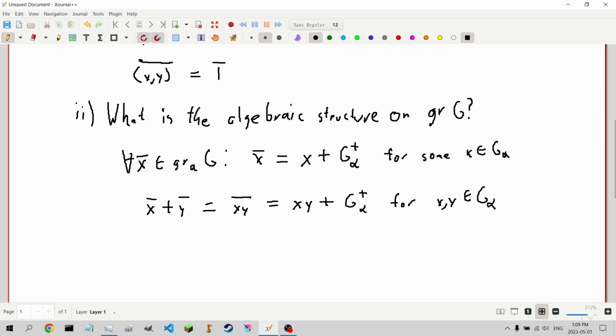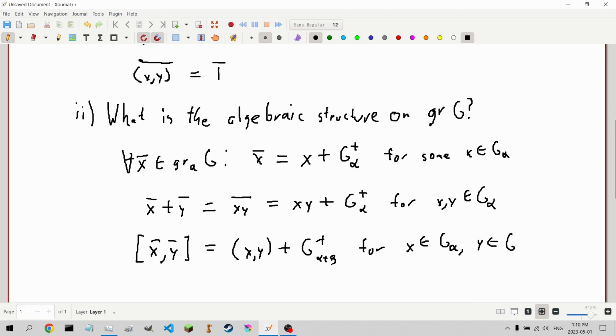And as we saw before, the bracket between two elements, I don't know why I'm using this awkward bar notation, but anyways, the bracket, as we saw, is just the commutator of x and y plus G alpha plus beta. This time it's for x in G alpha, y in G beta.